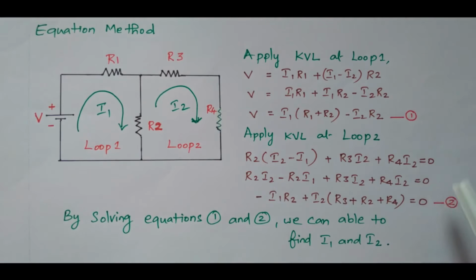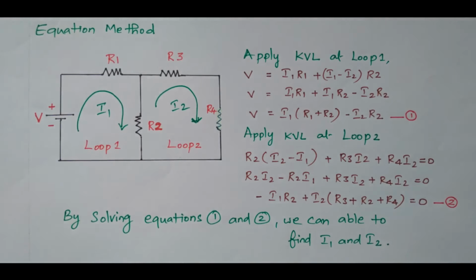Now we have two equations, equation 1 and 2. We need two currents, I1 and I2. Two parameters we need to find, so two equations are available. By solving equations 1 and 2, we can easily find the current values I1 and I2. Suppose if three currents are available, we need to frame three equations, since there will be three loops.